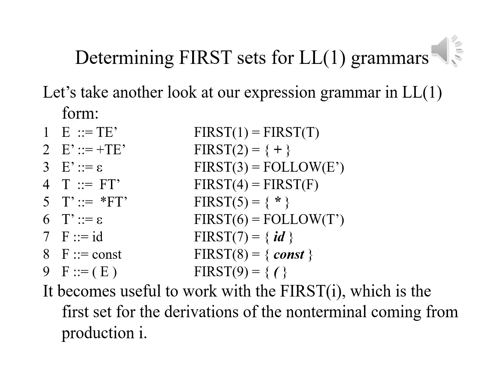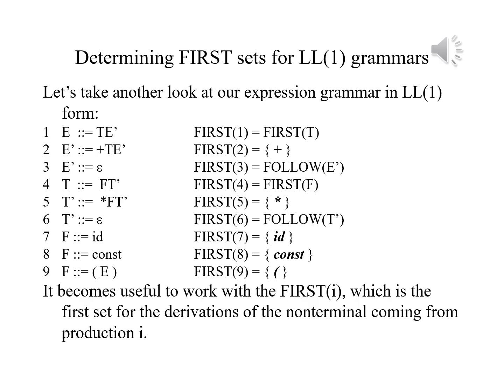We'll take a look at our expression grammar in LL1 form. Before we start, it is going to be useful to work with the first of i, which is the first set for the derivations of the non-terminal coming from production i. In production 1, we have E derives T E prime.